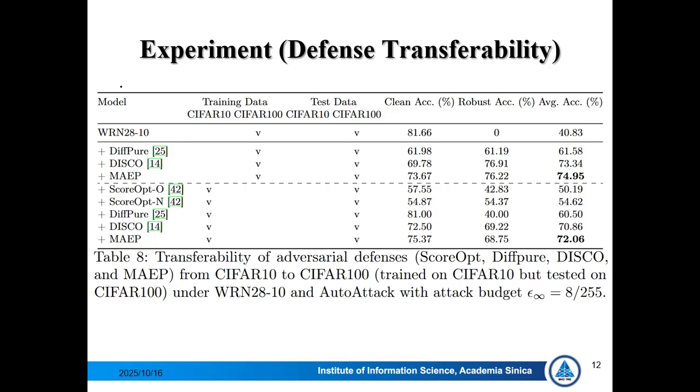In contrast, the diffusion-based purifier exhibits a significant degradation in robust accuracy when transferring from CIFAR-10 to CIFAR-100. This result highlights that MAP effectively bridges the gap between the classifier and the purifier, resulting in more consistent and generalizable defense performance across different datasets.